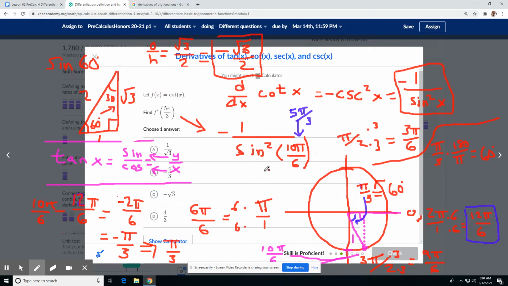Let me just go back through, see what I did wrong. Let's see, would that negative change it? No, still no pi over 3. Definitely, I know it has to be one of these. These are the only negatives. It landed in quadrant 4. Sine is the y value, so it has to be negative. And let's see.